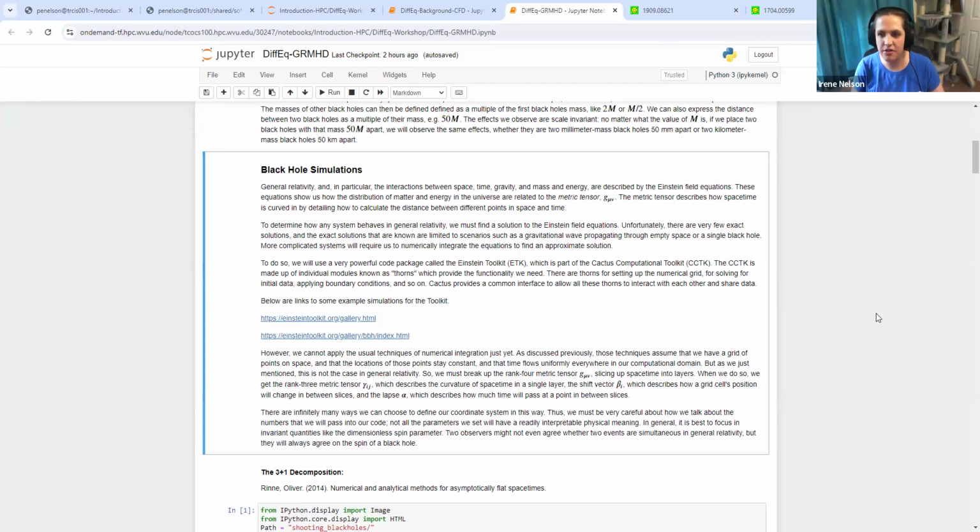These indices run from 0 to 3, which corresponds to the dimensions of time, and then 3 spatial dimensions of our choosing usually. And this describes how space-time is curved by detailing how we would calculate the distance between different points in space and time. So in flat space-time, this reduces to the familiar Pythagorean theorem that we can use to calculate distances.